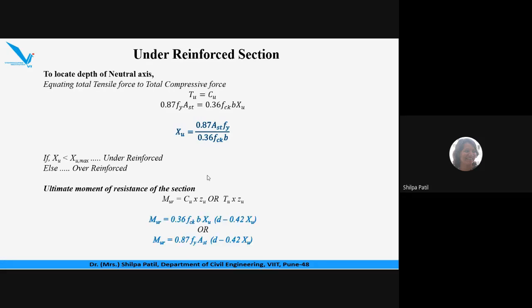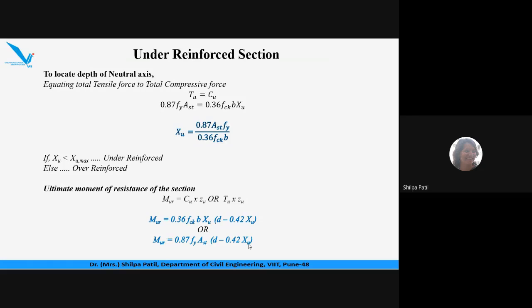So the formulas are ultimately this: Mur is equal to 0.36 fck b xu into bracket d minus 0.42 xu. This one is your Cu and this is Zu. Or this is Tu and this is Zu: 0.87 fy Ast into bracket d minus 0.42 xu. Any one formula you can use for calculation of ultimate moment of resistance for under reinforced section.